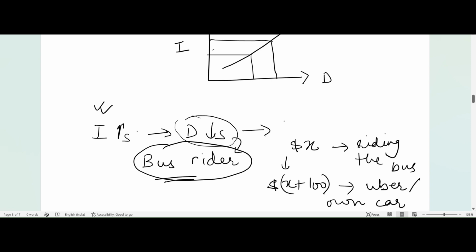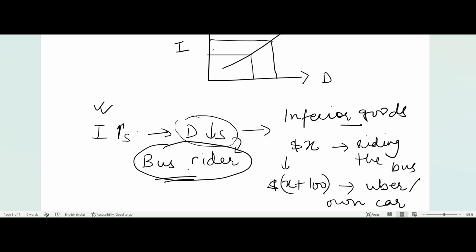If that's the case, then we term those goods as inferior goods. So, goods for which, if the income increases, the demand for those goods decreases, are termed as inferior goods.